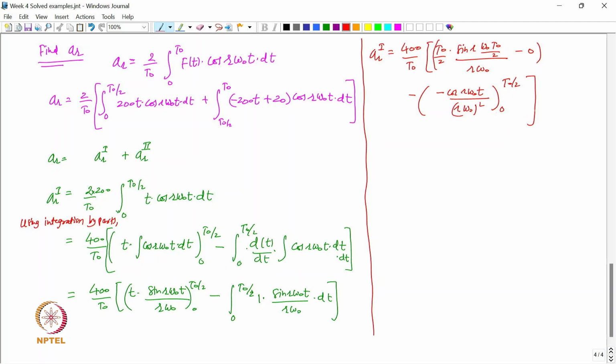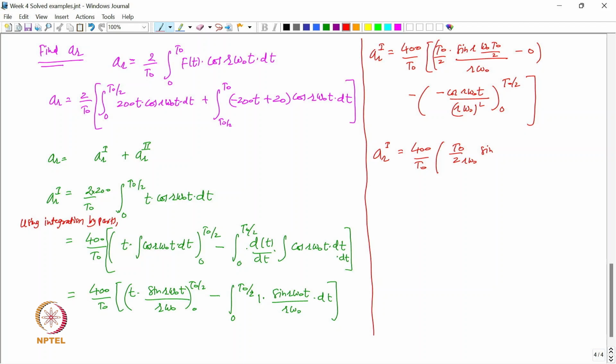So now if you write this further, you will have 400 by t naught, and then you have here t naught by 2 r omega naught sin. Now omega naught can be written as 2 pi upon t naught.